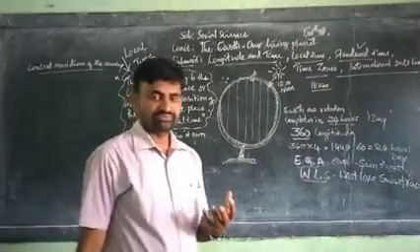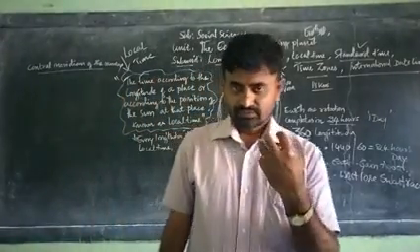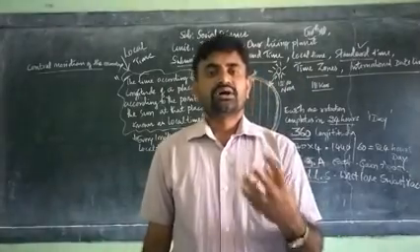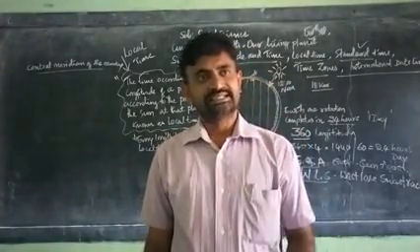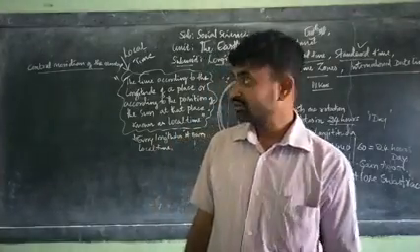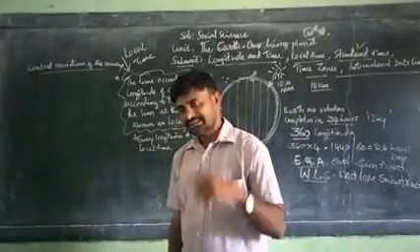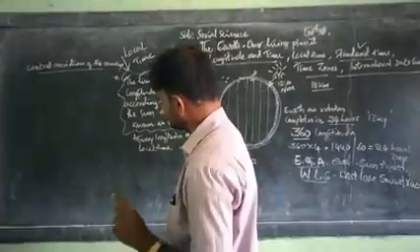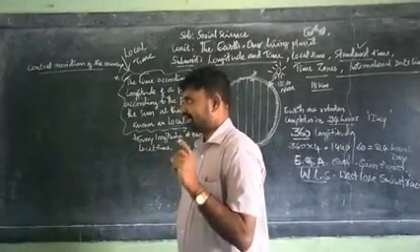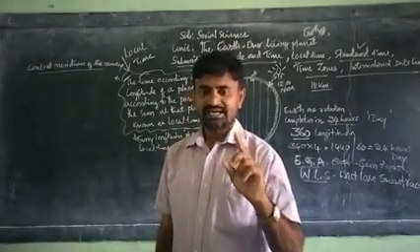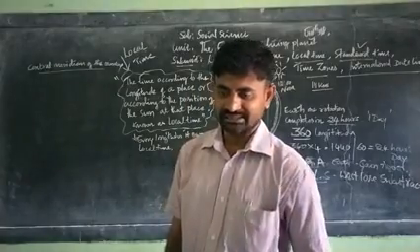That is what we call it when we adopt a standard time of that country, where we identify one central meridian. On the basis of that central meridian, we can identify the standard time of that country.